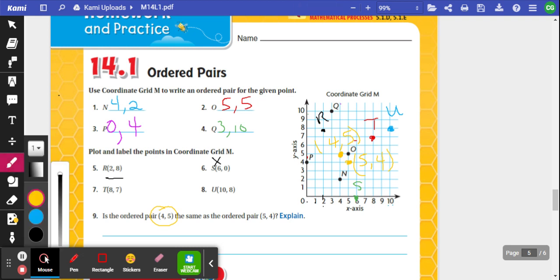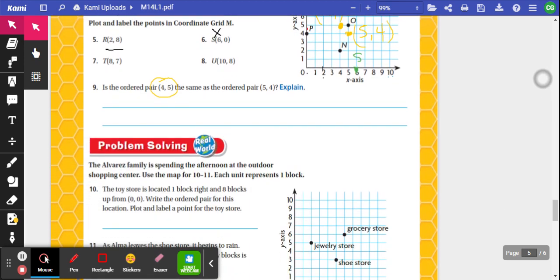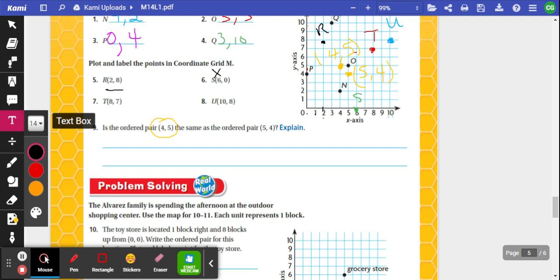And let's see if I can get my typewriter to work so that we can write an answer on here. So it's not the same. You can see that we are going a little bit different. So I'll start it. Oh, actually, I will do this. Let me do the typing here.